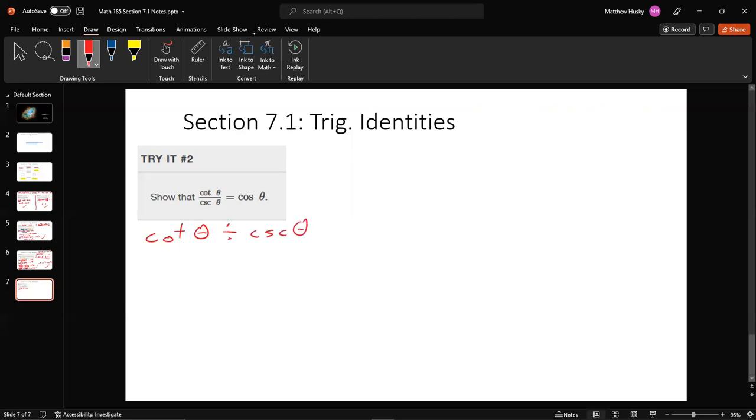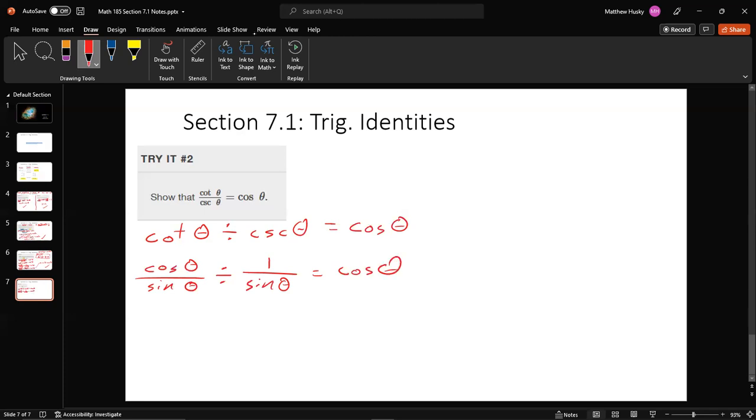I'm going to rewrite it as a division problem instead of a fraction. So this is equal to cotangent, which, remember, is cosine over sine. That's the definition of cotangent. Cosecant, you may recall, is 1 over sine of theta, because it's the reciprocal of sine.